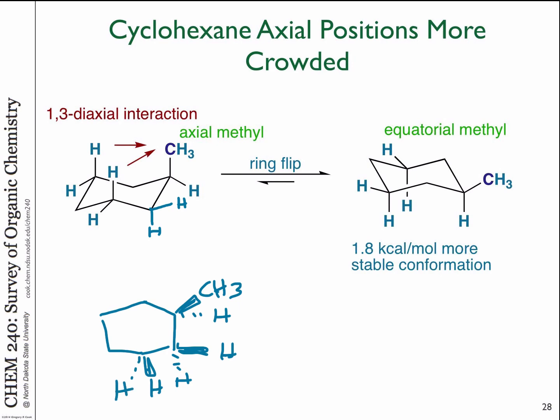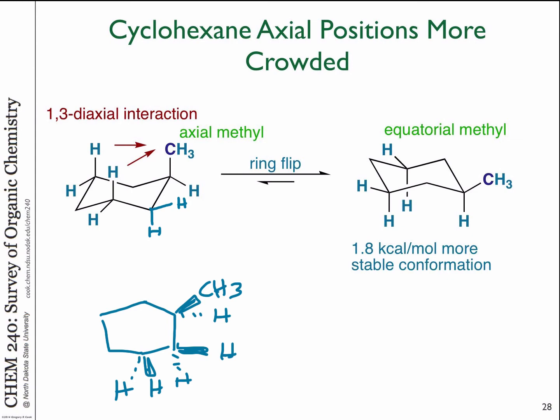This is how we could represent the molecule. Notice the CH3 and this hydrogen are on the same side of the ring, the CH3 and that hydrogen are on opposite sides of the ring. But when I draw it like this, it doesn't indicate whether they're axial or equatorial. We know the ring isn't flat, but there's still a top face and a bottom face to the ring.